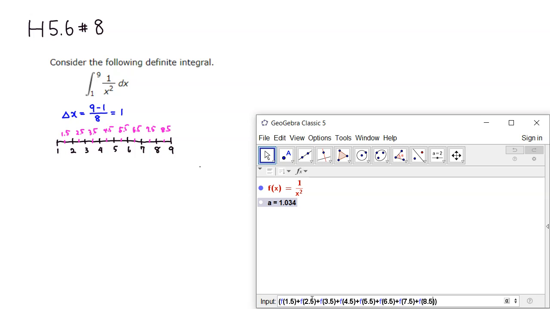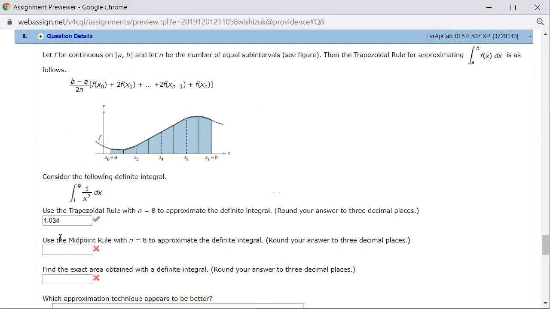Then you multiply by delta x, which is 1, so it doesn't do anything. Then hit enter. It came out to be 0.824. Let's type it in. 0.824. Let's check the answer. I came back and looks like we got the midpoint rule correctly.